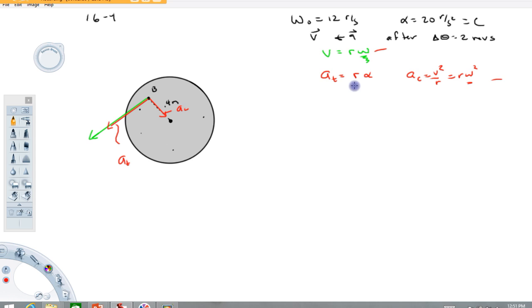Tangential acceleration we can just calculate right now. So the tangential acceleration of B is going to be, well, actually, this is your problem. The r is given, and the alpha is 20 rad per second squared. To get the centripetal acceleration, we're going to need the rotation rate. And also, to get the tangential velocity, we're going to need the rotation rate.